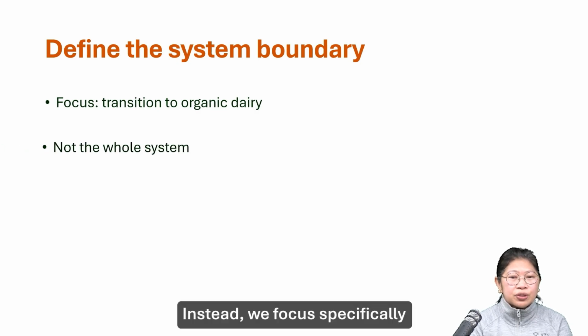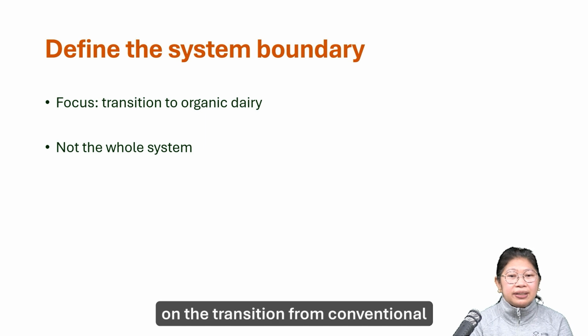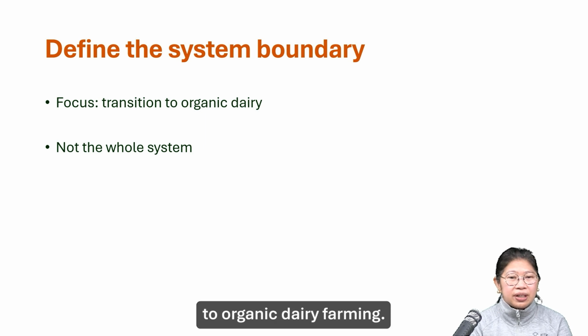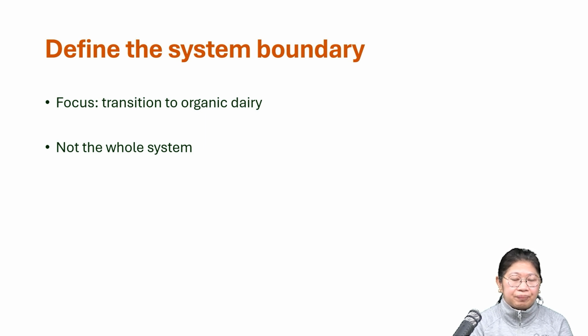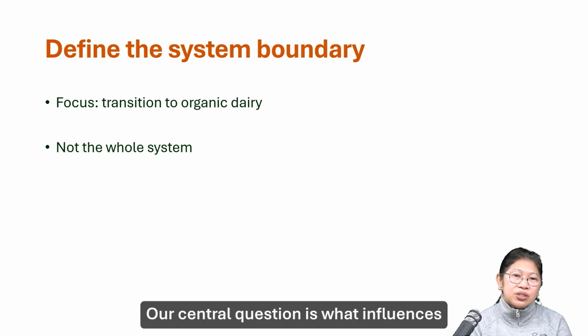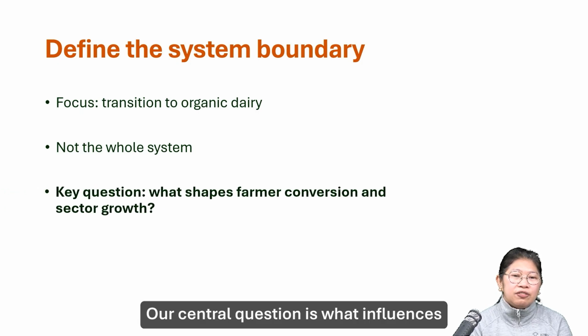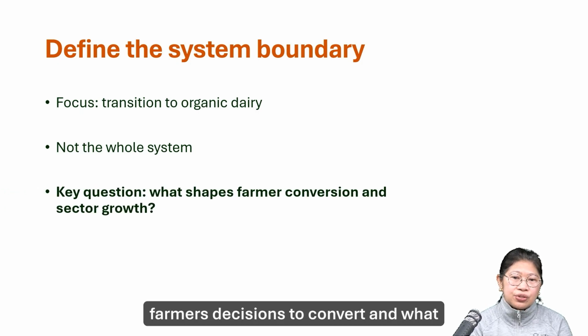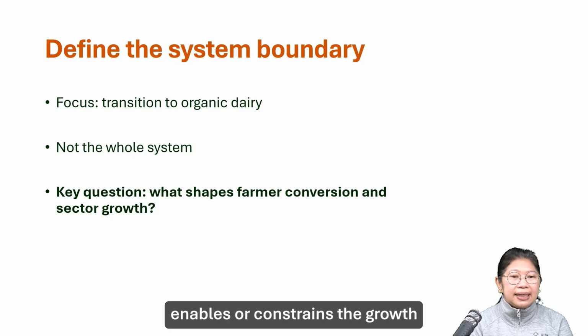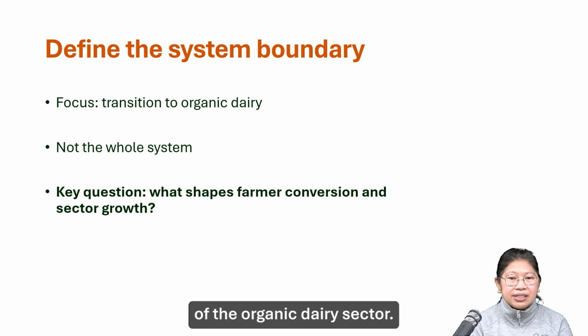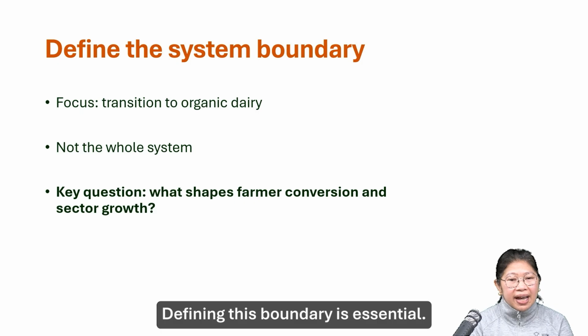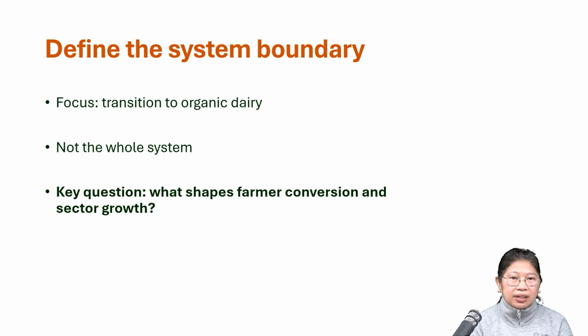Instead, we focus specifically on the transition from conventional to organic dairy farming. Our central question is, what influences farmers' decisions to convert, and what enables or constrains the growth of the organic dairy sector? Defining this boundary is essential.